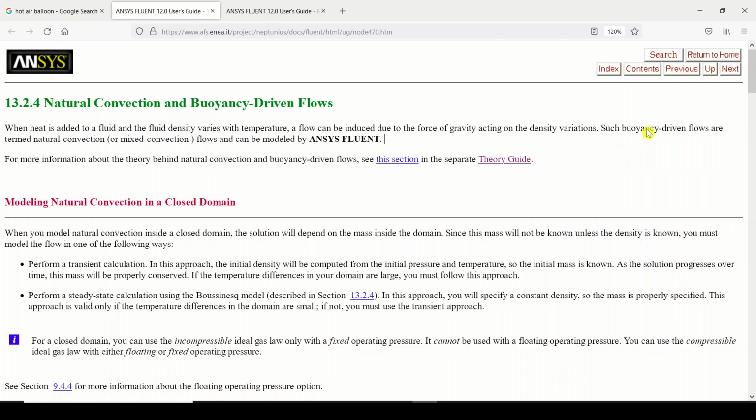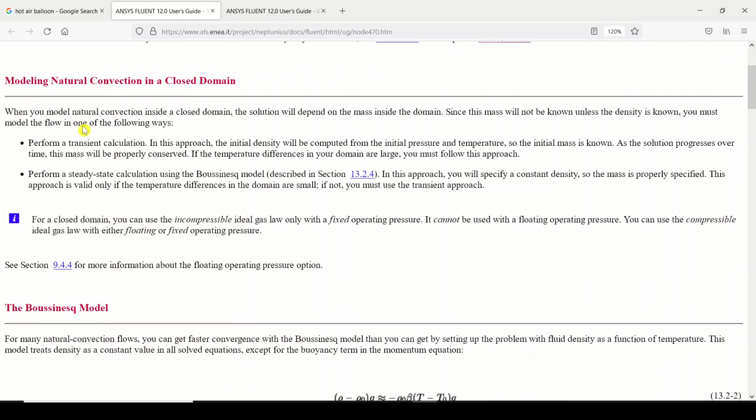Such buoyancy driven flows are termed natural convection or mixed convection flows, and that can be modeled in ANSYS Fluent, right? So these kinds of flows are basically called density driven flows, or buoyancy driven flows, and they are termed natural convection or mixed convection flows as well, right?